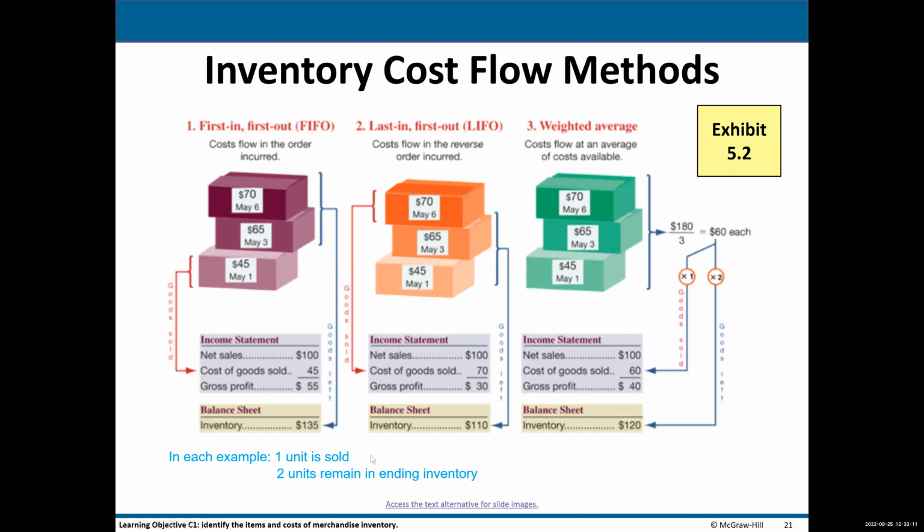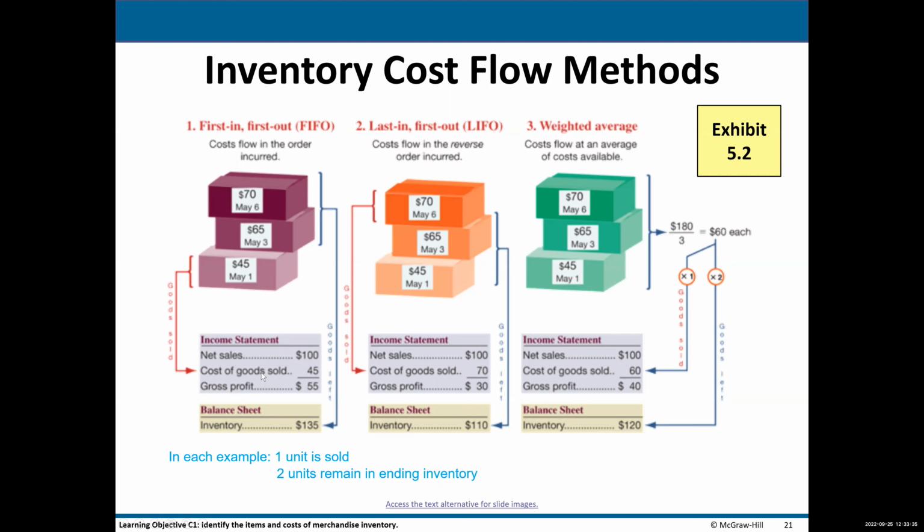So which unit was sold? And which 2 remain in ending inventory? It depends on our cost flow assumption. In FIFO, what was sold? Remember, first in, first out. Well, what was the first one in? The one on May 1, the $45.